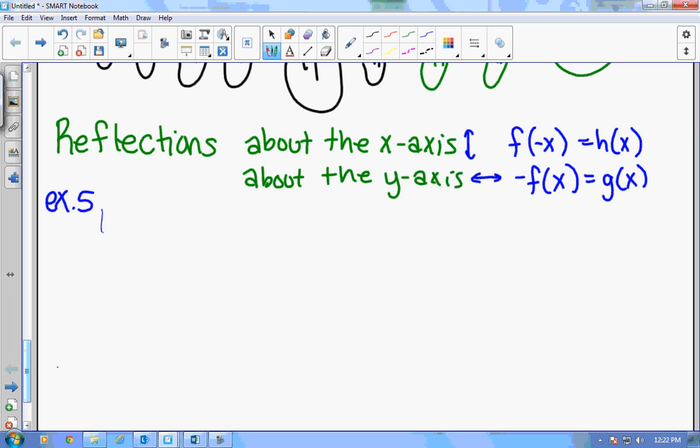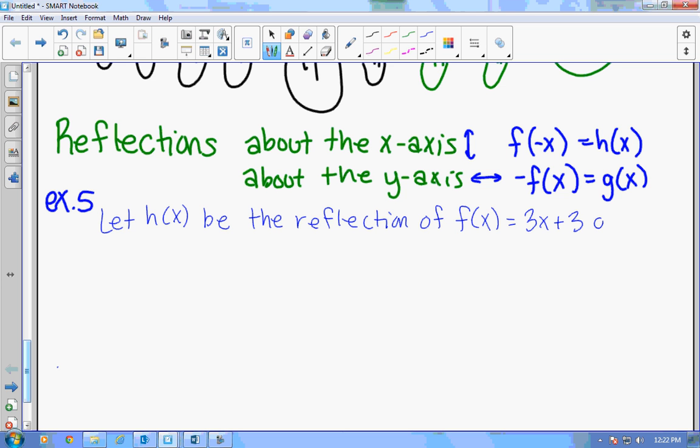Example 5. Let h of x be the reflection of f of x equals 3x plus 3 on the x-axis.